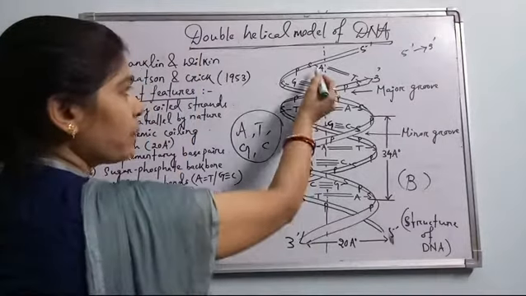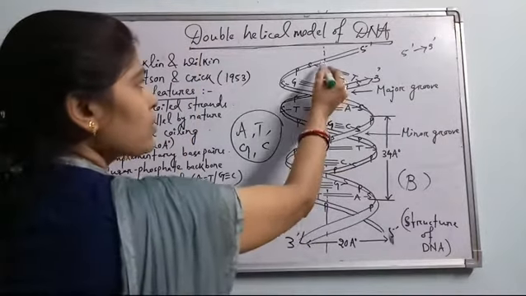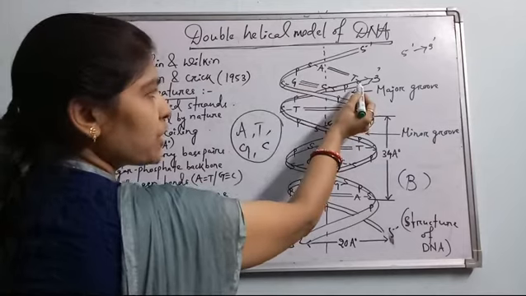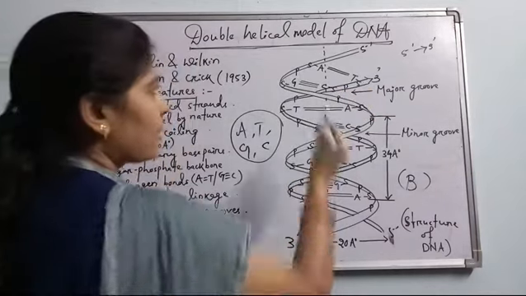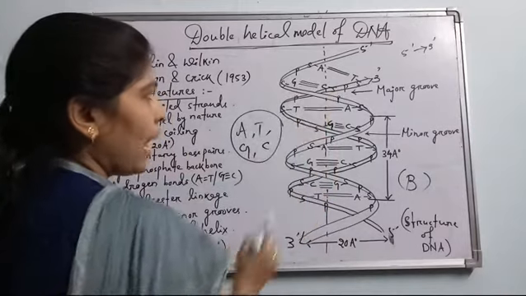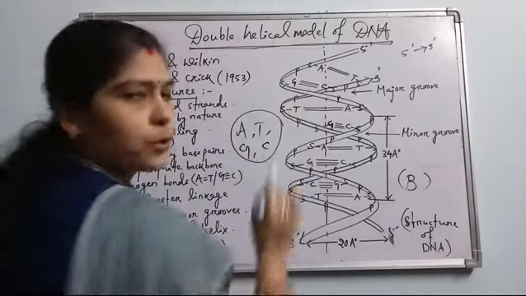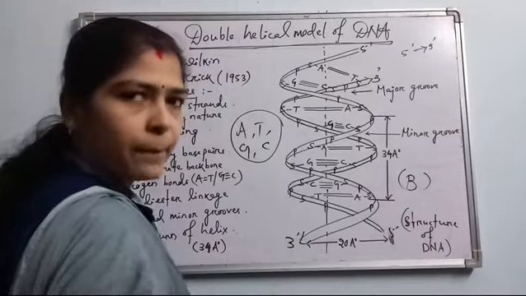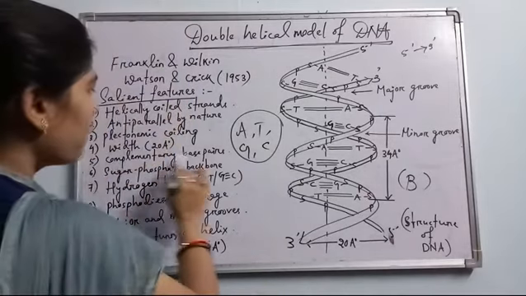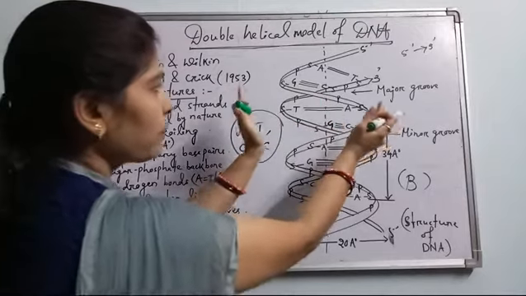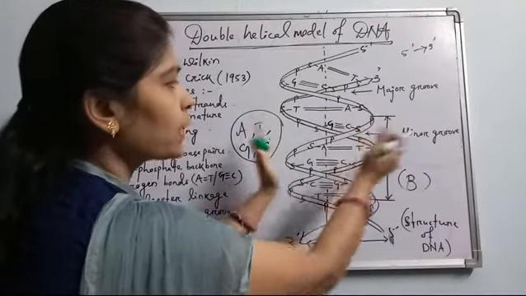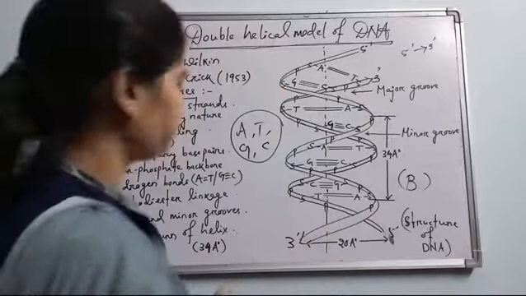Complementary base pairing means that if A is present in one strand, then T is present in the opposite, complementary strand. A is complementary to T, and guanine is complementary to cytosine and vice versa. So complementary base pairs are present in the two strands of DNA so that the two strands are held together to form the double helical structure.